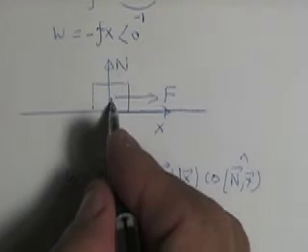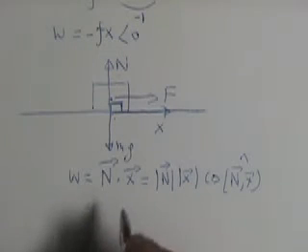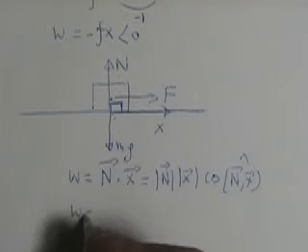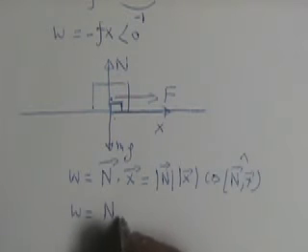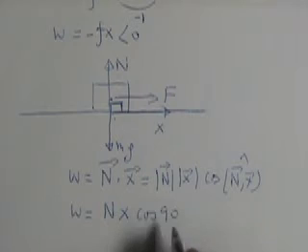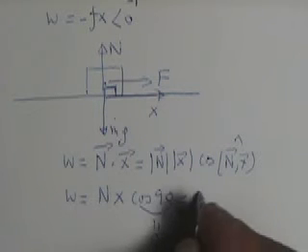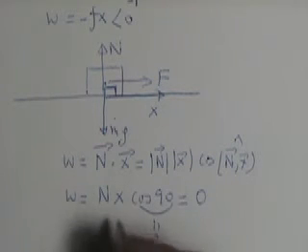And you can see that the angle between n and x is 90 degrees. So W is equal to the magnitude of n times the magnitude of x times the cosine of 90 degrees. But the cosine of 90 degrees is 0, so this is equal to 0 times nx.